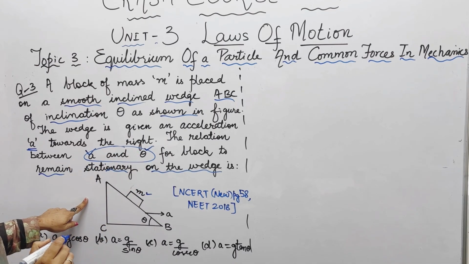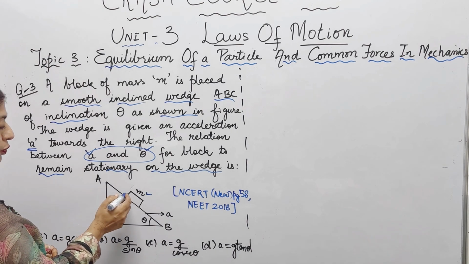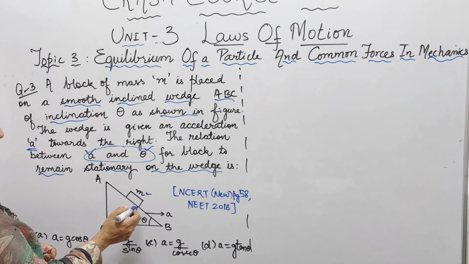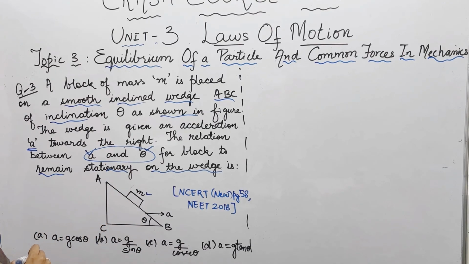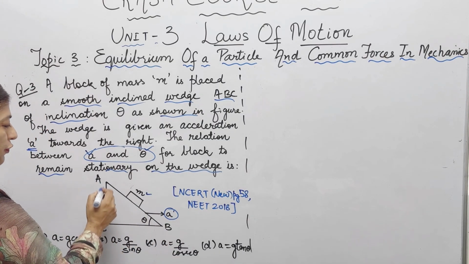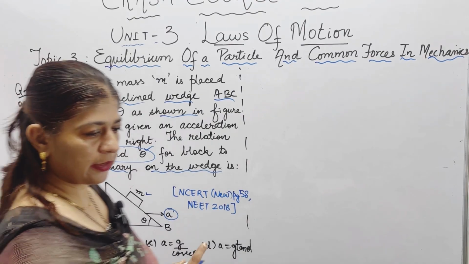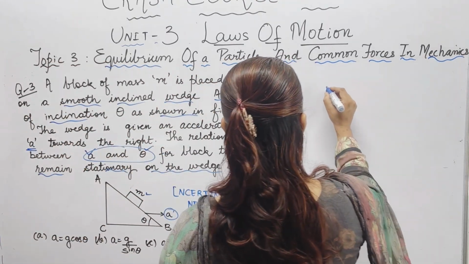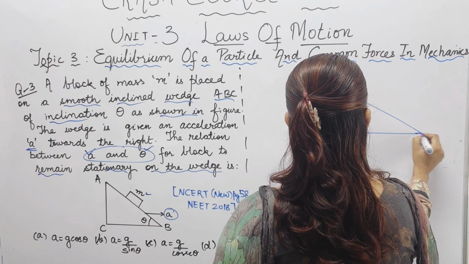ABC हमारे पास एक वेज है जिसके ऊपर मास m एक बॉडी का है, और वो जो ब्लॉक है वो स्लाइड ना करे, तो हमें a और theta के बीच में रिलेशन फाइंड आउट करना है. जहां पर एक्सेलरेशन a क्या है, this is the acceleration with which ये ABC वेज राइट डायरेक्शन में मूव कर रहा है. तो इसको कैसे फाइंड आउट करेंगे, इस डायग्राम को दोबारा से आप देखें.